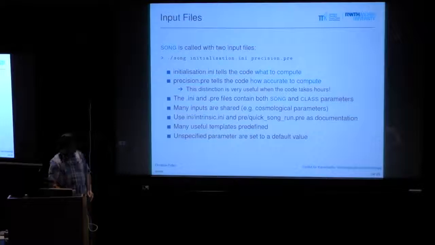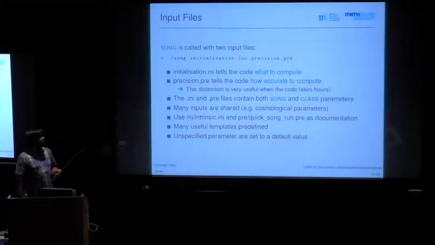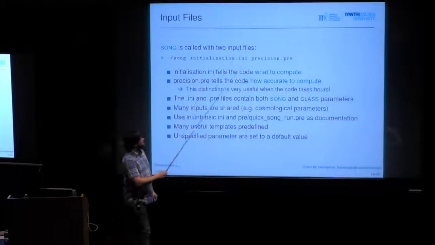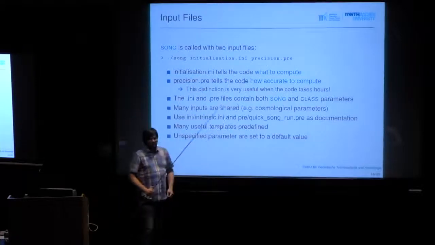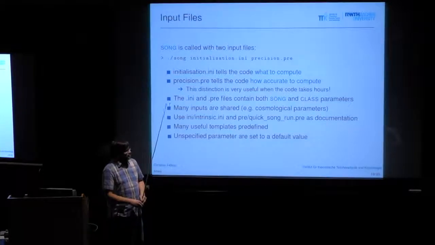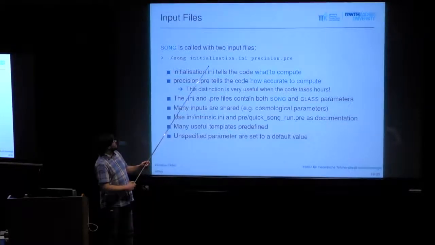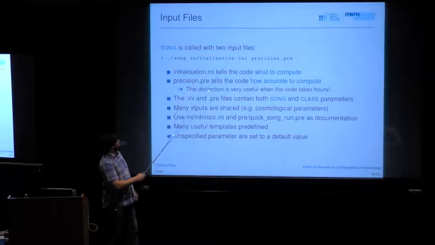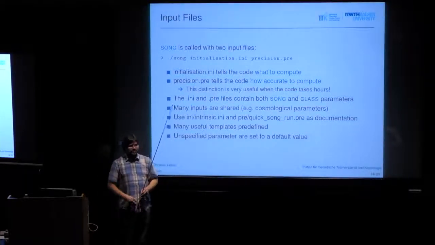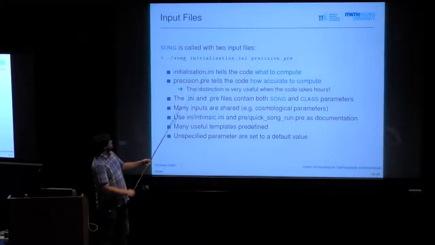Okay, then what is important: when you want to call song, you will call it with the ini file and the precision file. And in class, this is the same, but in class, it's of course perfectly fine to put whatever you want into the initialization and the precision file, and the code does not care about this. And this is the same in song. You can put whatever you want in these files.